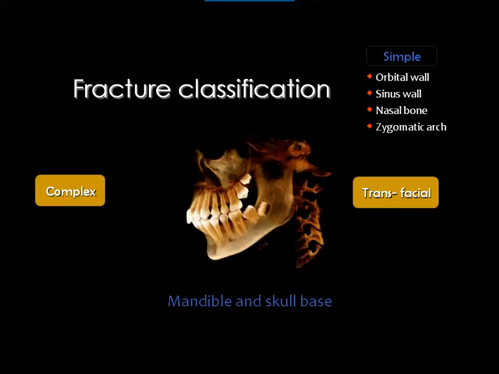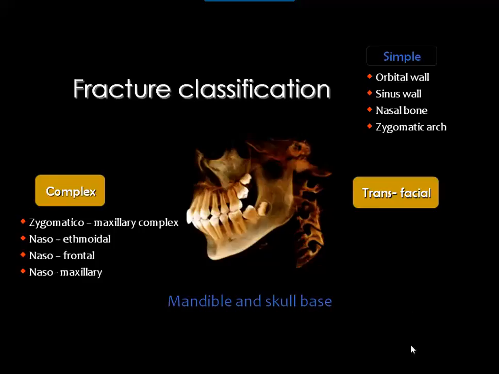Then maxillofacial fractures are divided into three main categories. The simple fractures, which involve a single bone, for example, fracture of one of the orbital walls, fracture of one of the sinus walls, fracture of the nasal bones, or the zygomatic arch. Then the complex fractures, which are a group of fracture lines that can be classified as a separate entity, like the most common zygomatico-maxillary complex fracture, nasoethmoidal fractures, nasofrontal and nasomaxillary fractures.